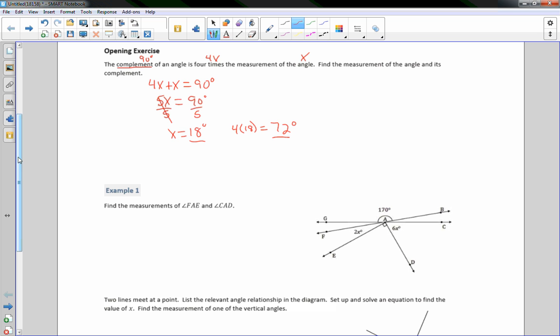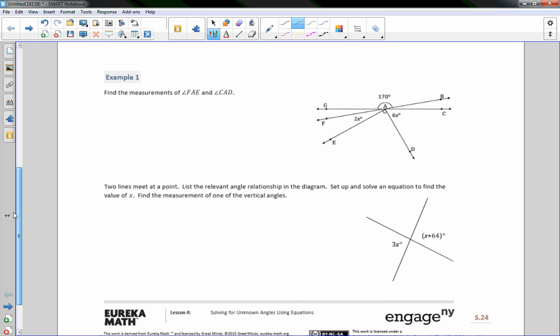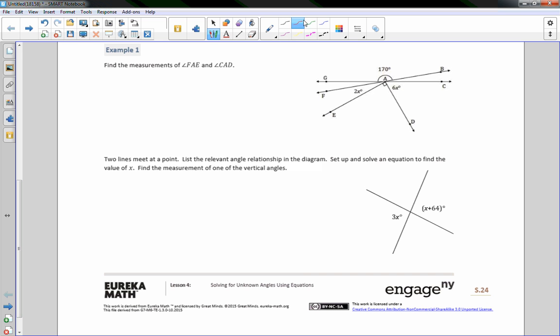Okay, so there was a little bit of a warm-up, if you will. And now here is example 1. Find the measurements of angle FAE. So here is F right here. Here is A right here. And here is E right here. In order to identify an angle by its name, we just start at that letter, we go to that letter, and we end at that letter.